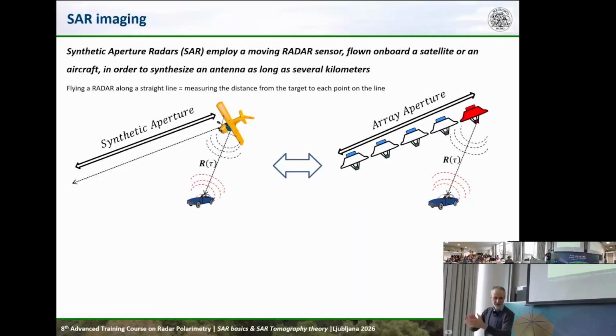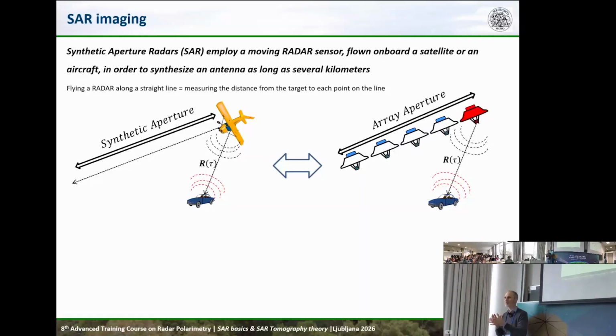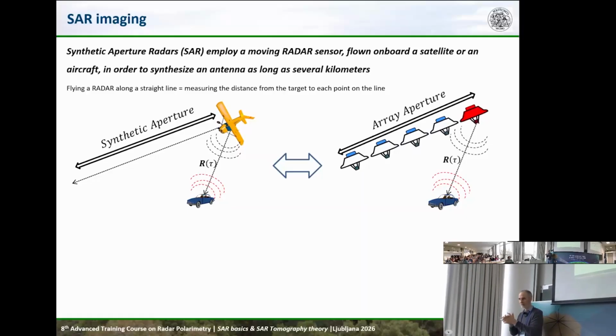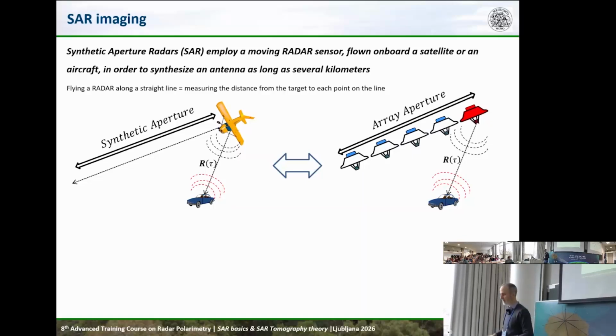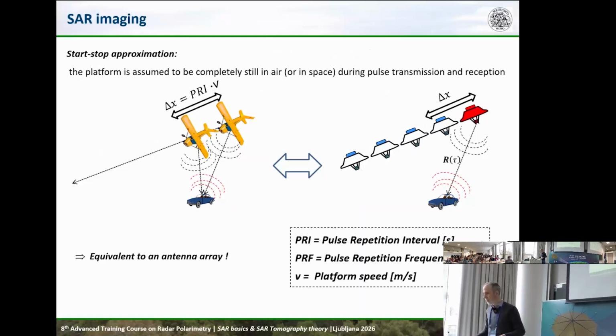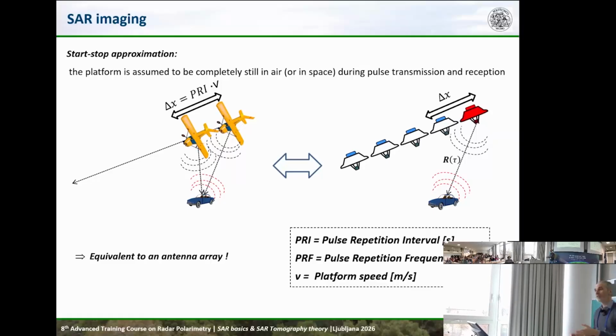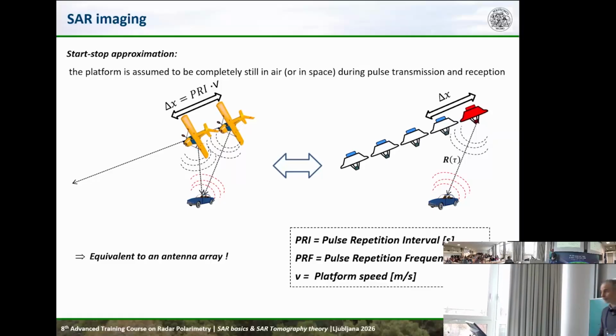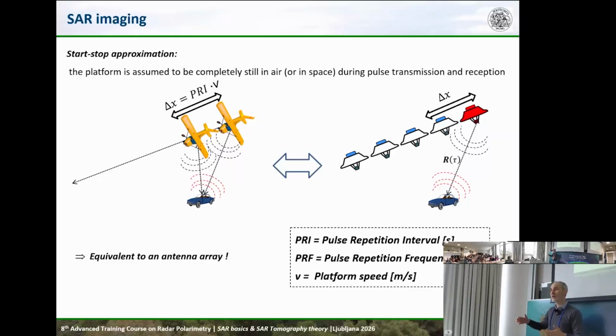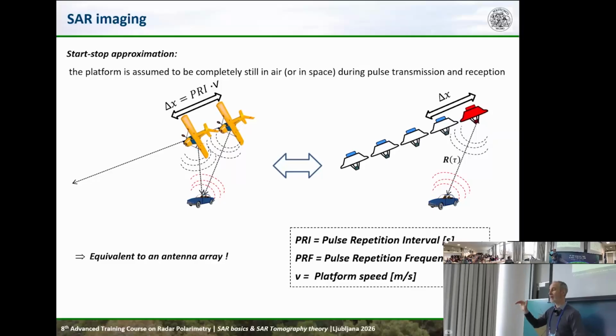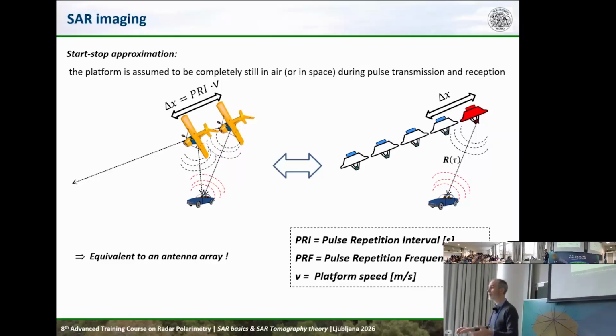So we said that you send a pulse every second, so in this case, we say that the pulse repetition interval, the PRI, of the system is 1 second. Of course, you are moving, which means that this is equivalent to having an antenna array with a spacing between any two antennas given by the PRI times the platform velocity.